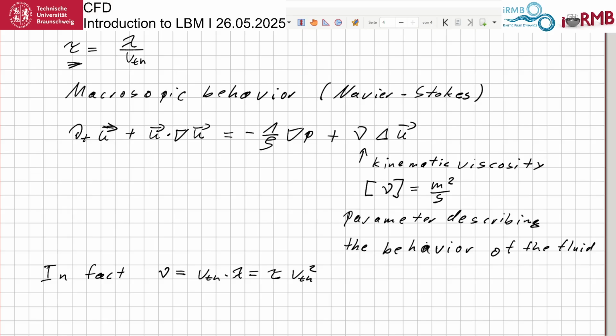Because if the particles would be infinitely close together, yeah, then this here would be zero, so this here would disappear.